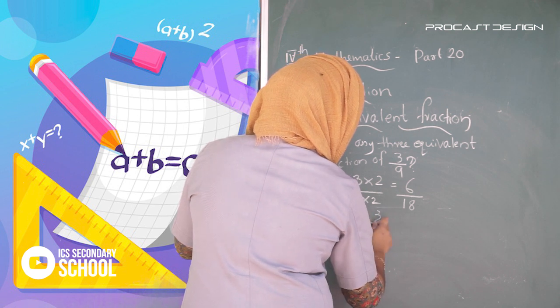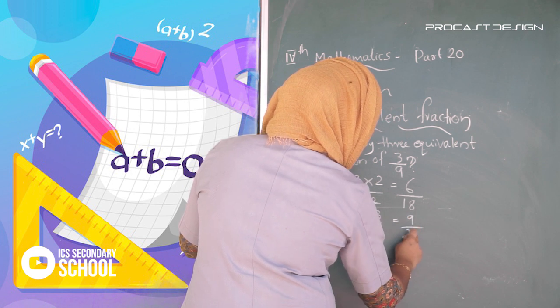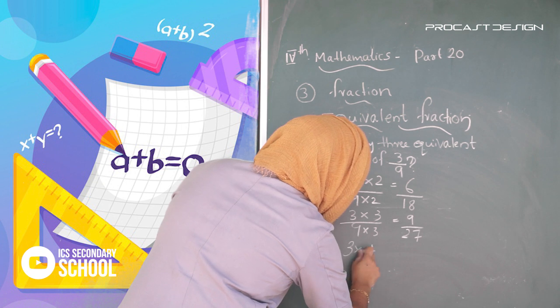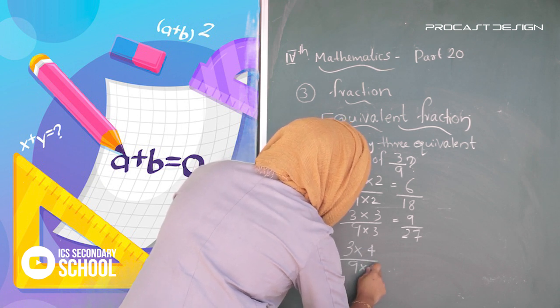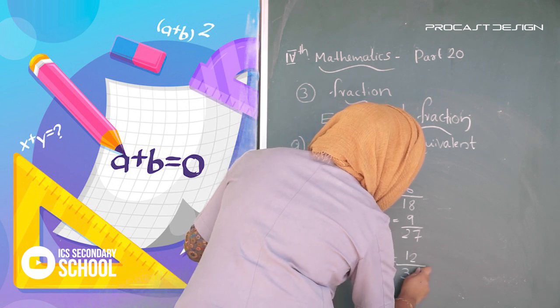3 into 3, 9 into 3, 9, 27. Next 3 into 4, 9 into 4, 12, 36.